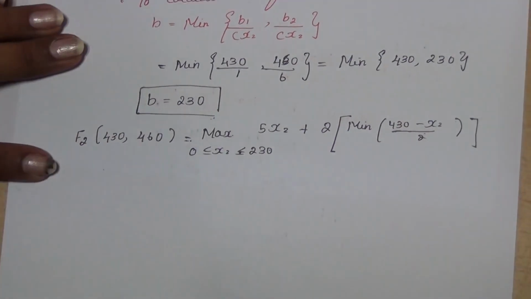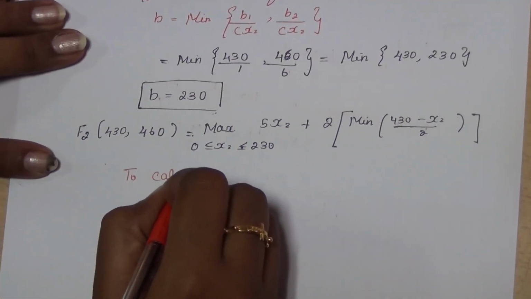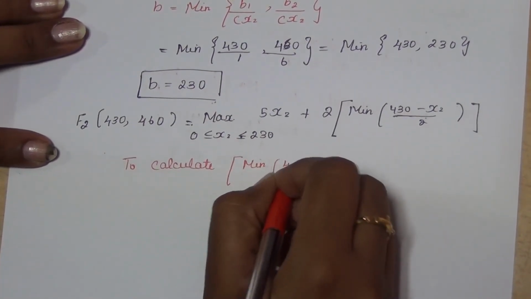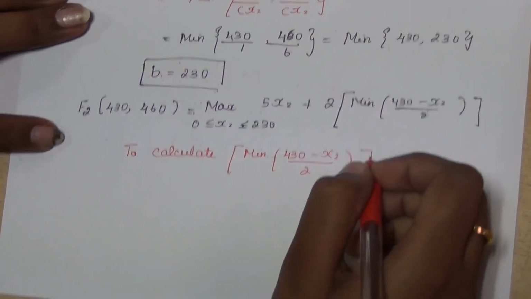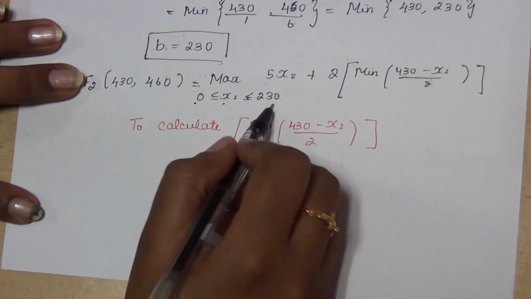To calculate this minimum of 430 minus x2 by 2, we can calculate the value of x2. Here the x2 value varies between 0 and 230.